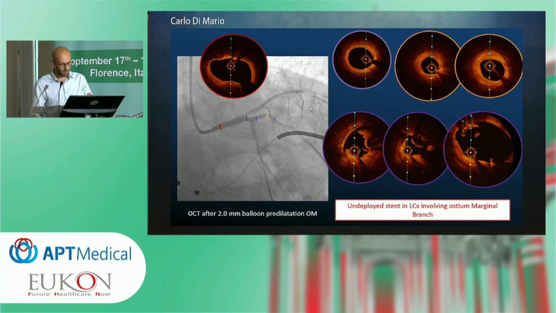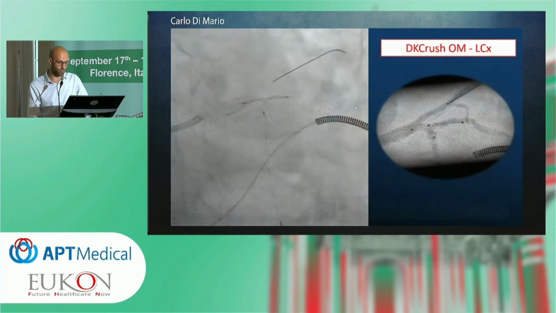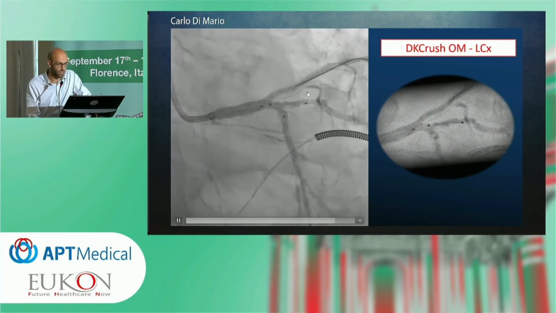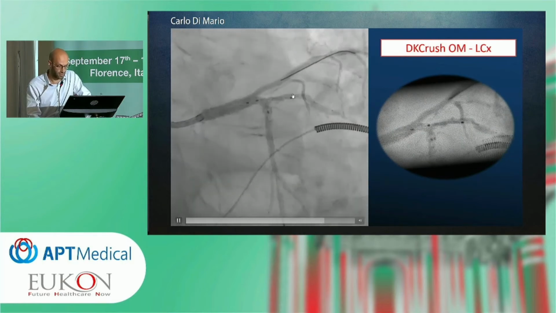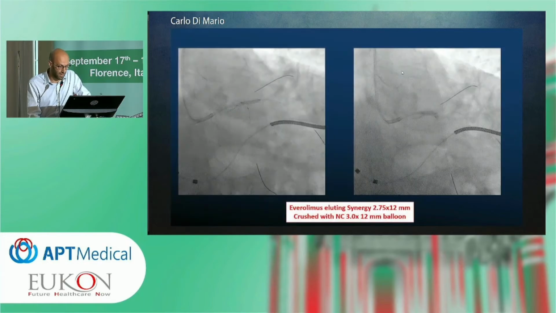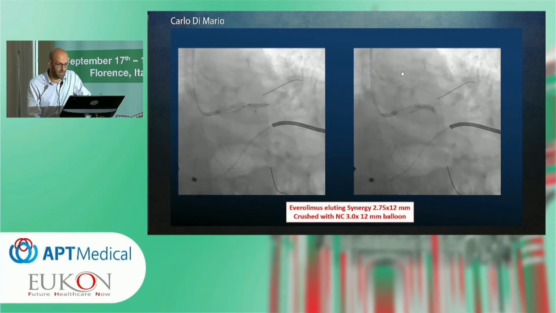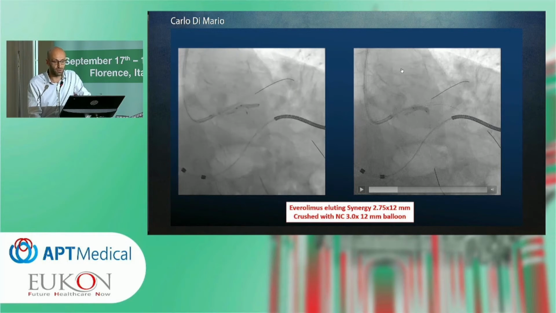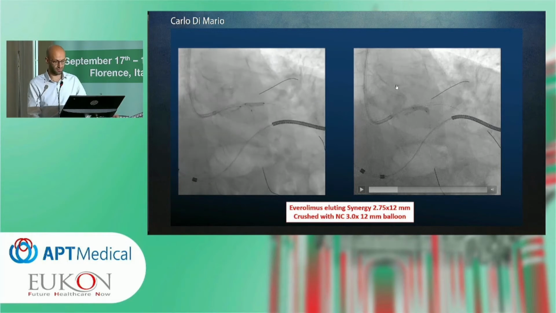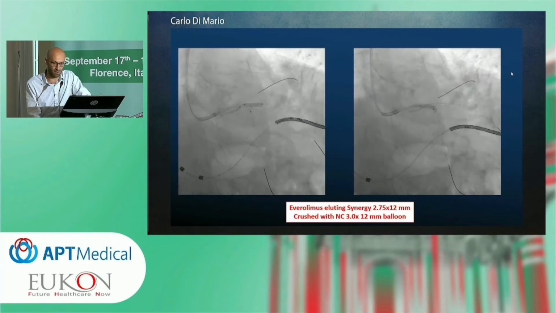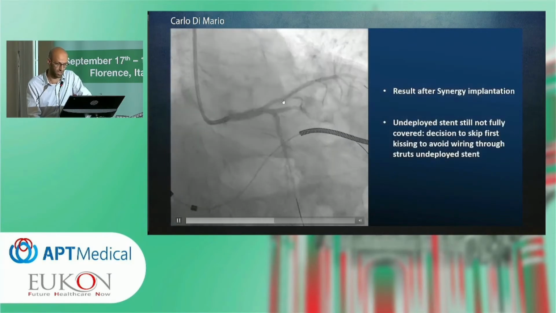The marginal branch is more or less the same size as the circ, so we decided to put a stent toward it and to perform a DK crush in order to fix this bifurcation. And usually we do perform double kissing crush, but in this case we decided to skip the first kissing because of the multiple layers of stent facing the bifurcation, and because we were worried about reaccessing this marginal branch.